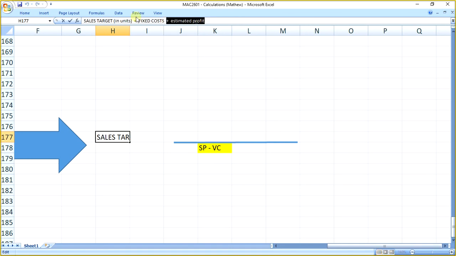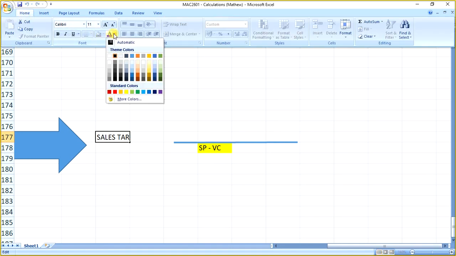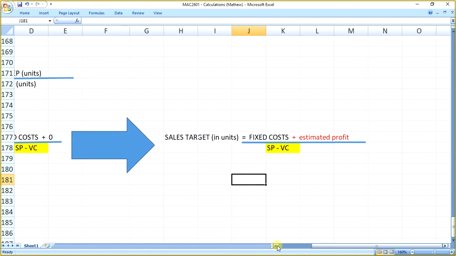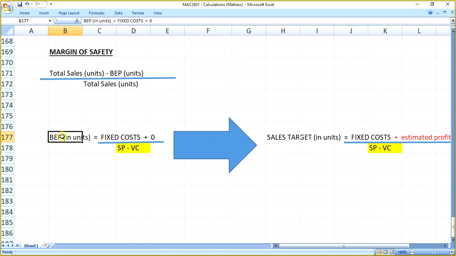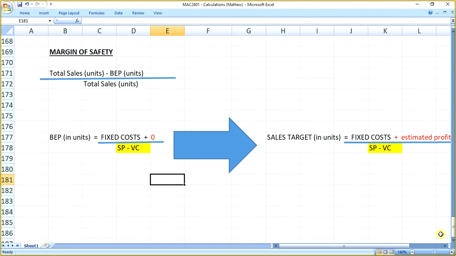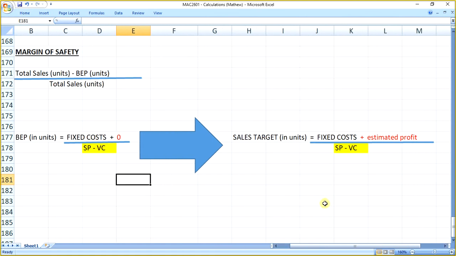It's basically just the break-even formula, but instead of 0, you're adding a specific amount. Do you see that? Yes. Break-even point has 0 profit, that's why I add 0. And then you're adding an estimated amount, because you want a target, you don't want the break-even. That's more maths than management accounting. It's just 2 different formulas, but using the same basis.